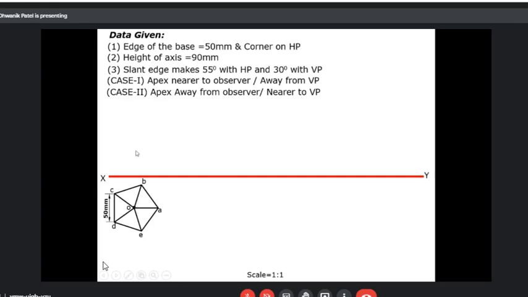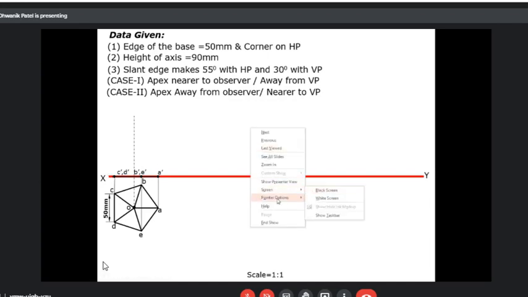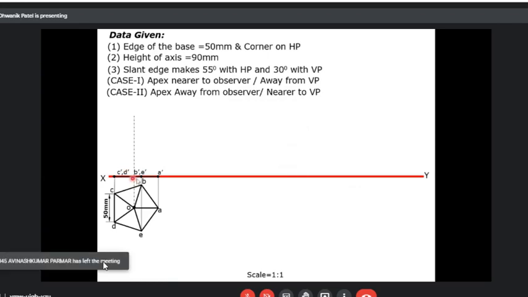So from the point O you will draw one center line. Take a distance of 90 mm from the reference line XY. So this is 90 mm, and then connect all the points.